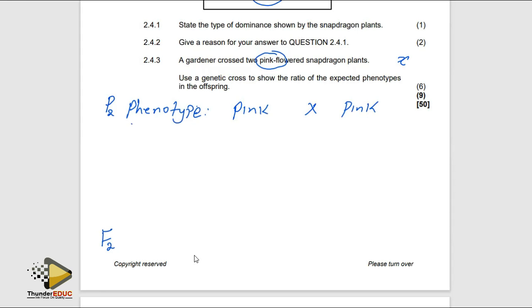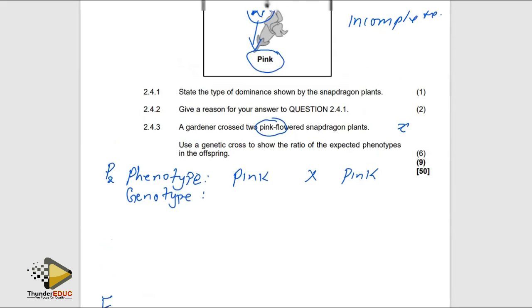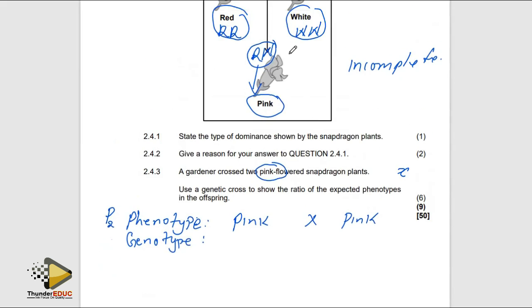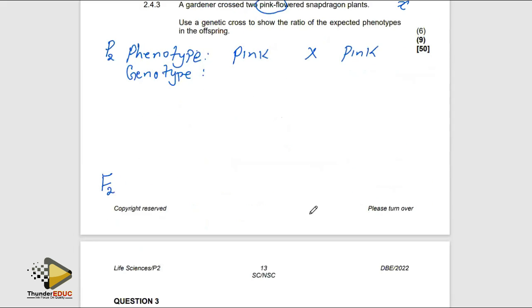Then you go to genotype. What's the genotype? We have seen the genotype here. That is capital R, capital W. Therefore, we're going to say here, it is capital R, capital W, cross with capital R, capital W. Now, these must separate under meiosis.